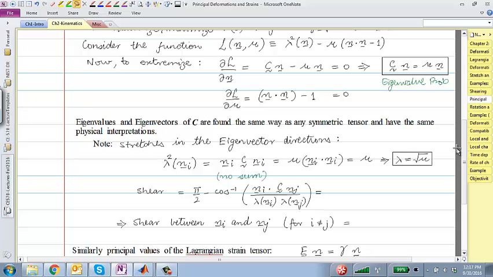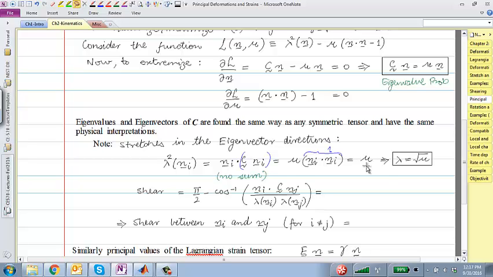But a useful way to interpret eigenvalues of C is as follows. You remember we said the square of the stretch in any direction is Ni dot C acting on Ni. Again, I'm missing a dot. If you look at this part, C times Ni would be equal to mu times Ni, and Ni dot with Ni is 1.